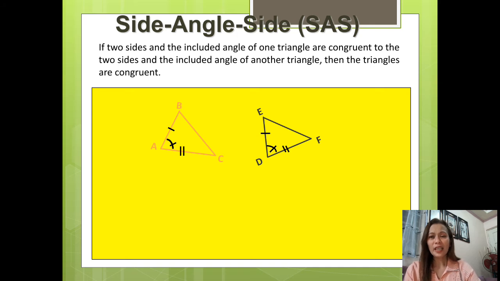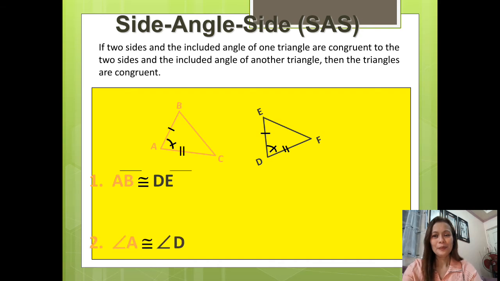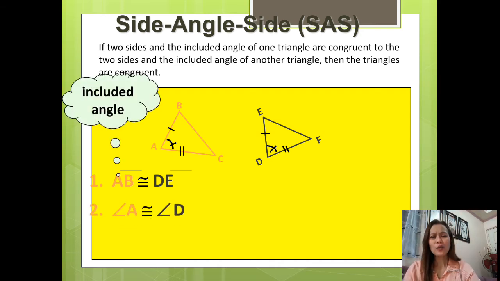We have triangle ABC and triangle DEF using the identical marks. So we're going to name the first congruent part. Side AB is congruent to side DE. Angle A is congruent to angle D, and that is the included part, the included angle. Another one, side AC is congruent to side DF.